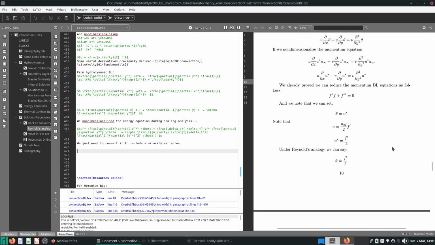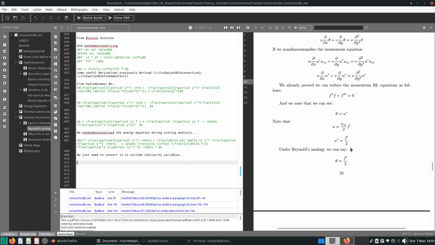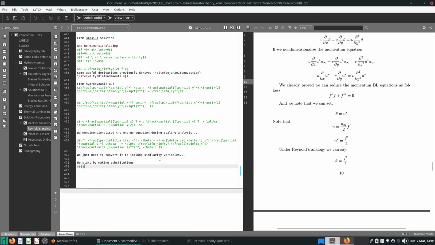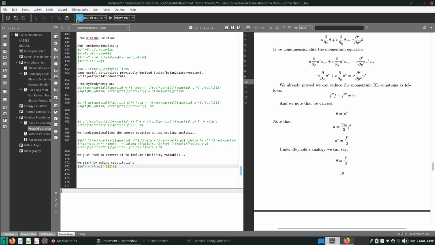Okay, so let's get rid of the u stars first. So we make substitutions to get rid of the u. So u star equals to fraction f prime over 2. So let's start with that.